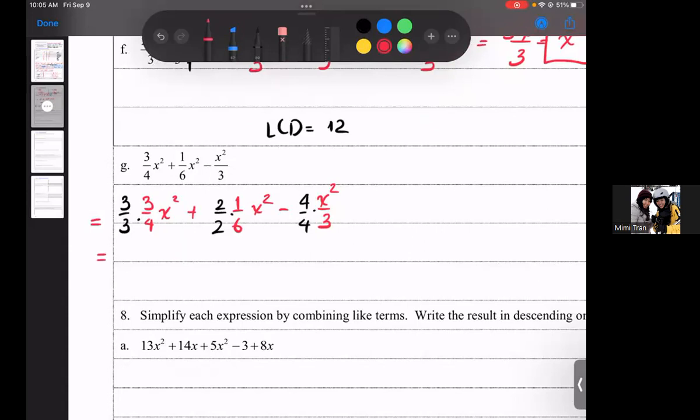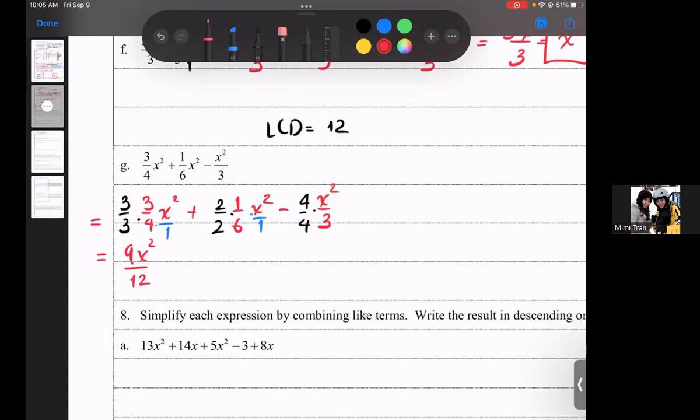When you multiply two fractions, top multiply top, bottom multiply bottom. So 3 times 3 is 9x squared over 12. Oh, by the way, this one is the same thing as x squared over 1, right? See the yellow there, over 1. Let me do it in blue so you can see it. Just put the 1 just because.